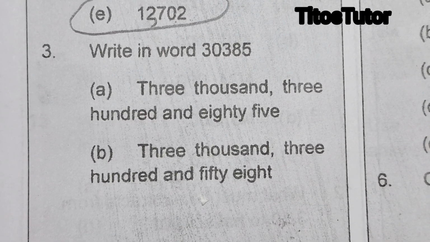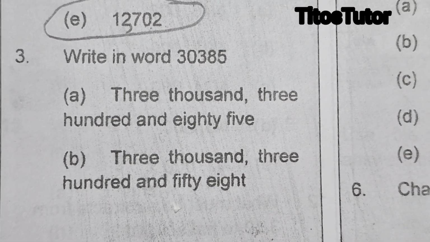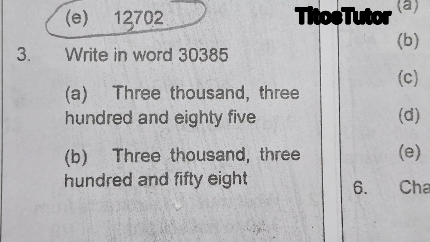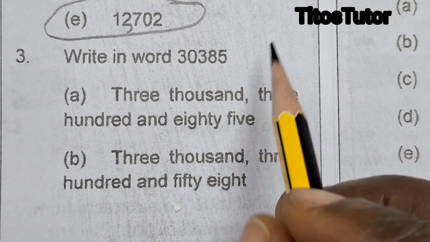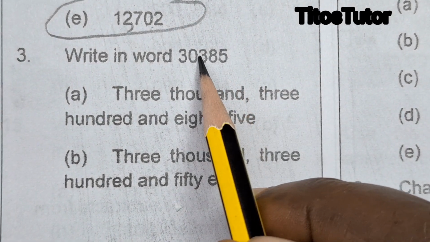Here's my third question. It says I should write in words 30,000, because I go 1, 2, 3, put a comma.